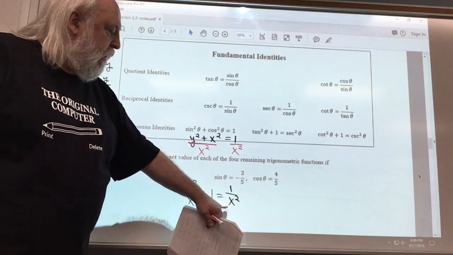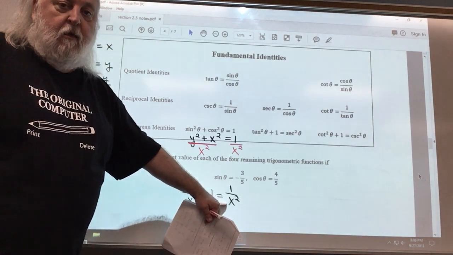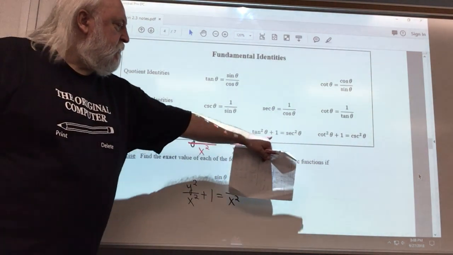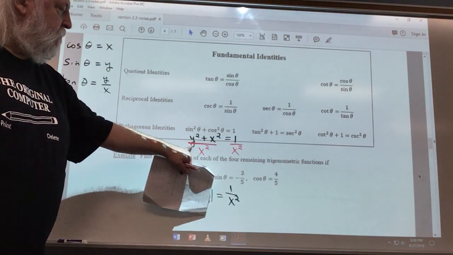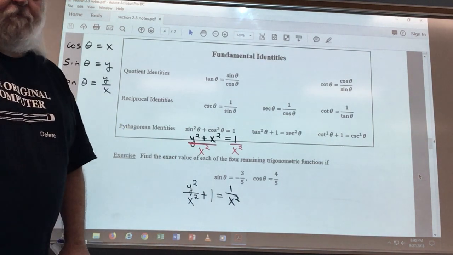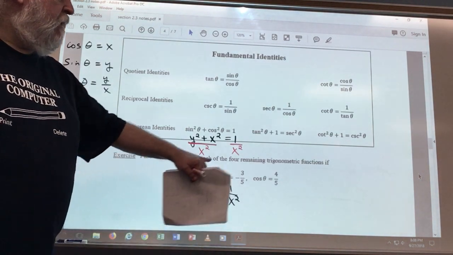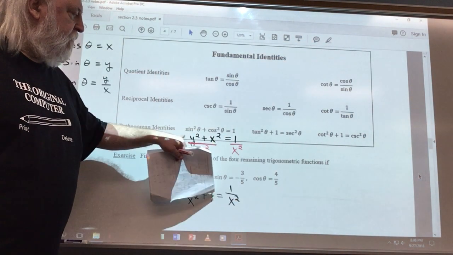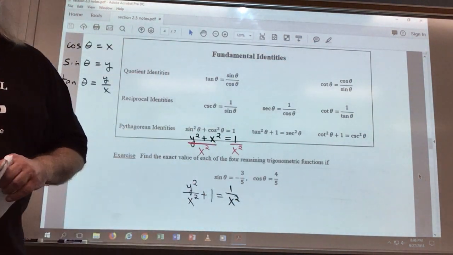And 1 over x squared is 1 over x quantity squared, and that's equal to secant squared. So this identity follows from this one just by dividing both sides by x squared. And then we get this identity by dividing both sides of the equation of the circle by y squared.